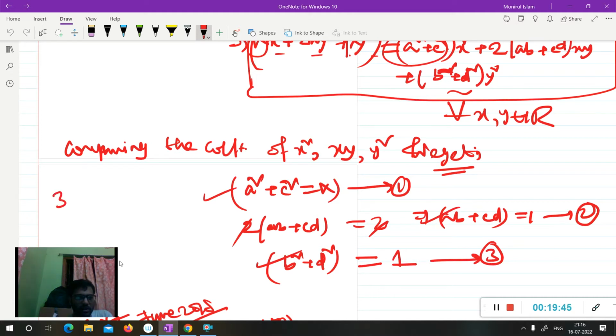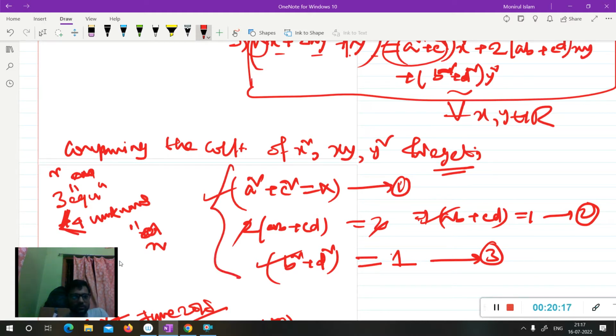Hope you understand, there are 3 equations with 4 unknowns. That means the number of equations is less than the number of unknowns. So this system has infinitely many solutions, because the number of equations is less than the number of unknowns.